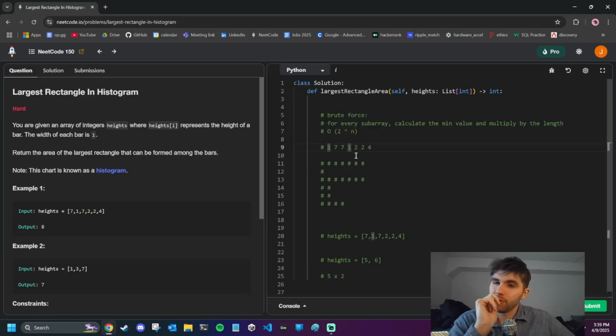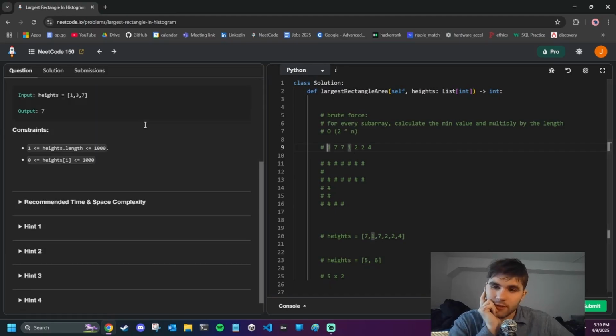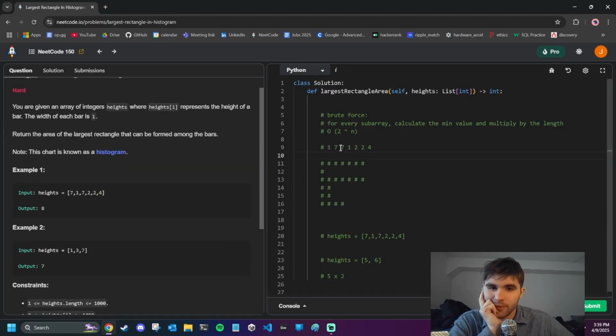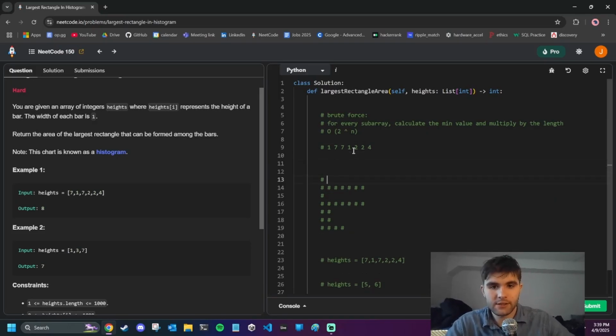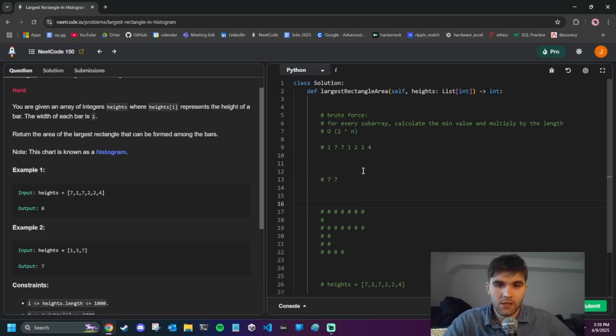We could do multiple pass-throughs as well. I don't know if there's any dynamic programming elements of it. Okay, so for instance, we know if we had 7, 7, and then 6, this area is 14.